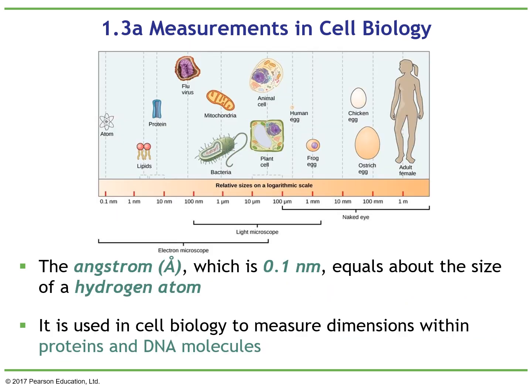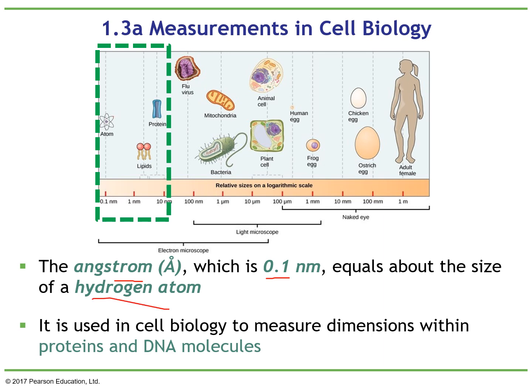Finally, one that we are not going to use a lot in this course are Angstroms. These are the very tiny ones, for example 0.1 nanometers, that is an Angstrom, the size of a hydrogen atom. So this will be very important to measure the hydrogen atom, very useful to simulate how these proteins work.